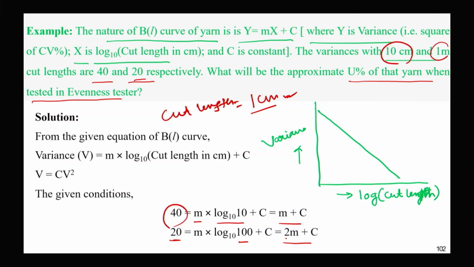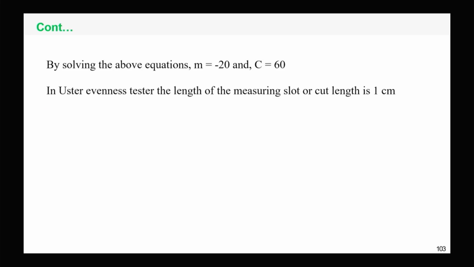So these two relationships, if we solve, we will get the values of M and C. M we get, M is the slope of the curve, minus 20, and C we get 60. And in the Uster evenness tester, the cut length is 1 centimeter.